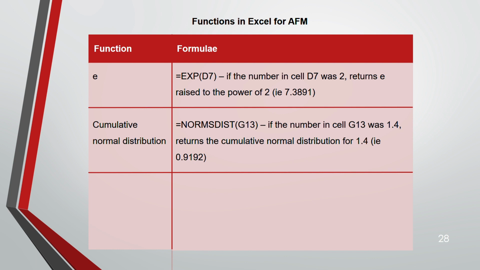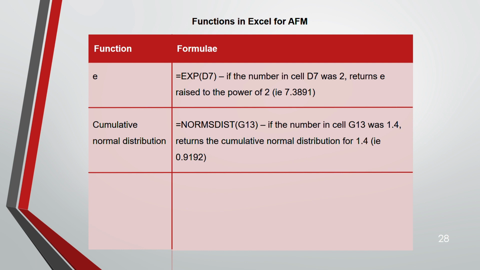You can always check that table also. Remember, there will be a table in your formula sheet. Open it and see. The cumulative normal distribution table is there. In that, if you go to 1.4, you will see the number 0.9192. Rather than going through that table, struggling so hard to find it, use this function and save time. It will automatically give you that number. That number should be a 4-digit number; in that table, everything is 4 digits.